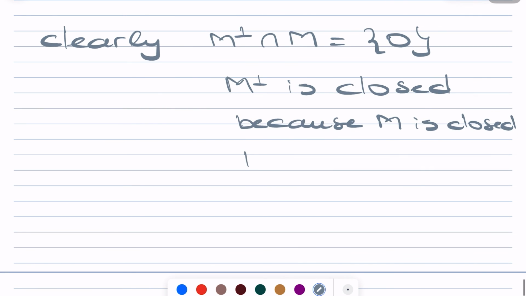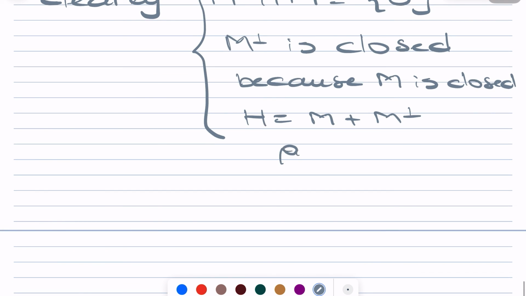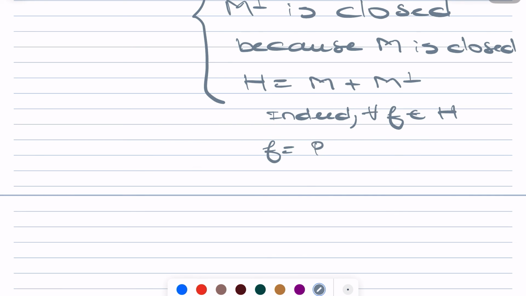you can write H as being equal to M plus M orthogonal, right? Why is this? Let me just write it. Indeed, for every F that you take in H, since M is closed, F can be written as the orthogonal projection of F into M, plus F minus this.